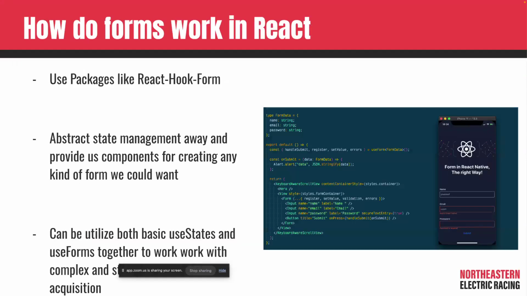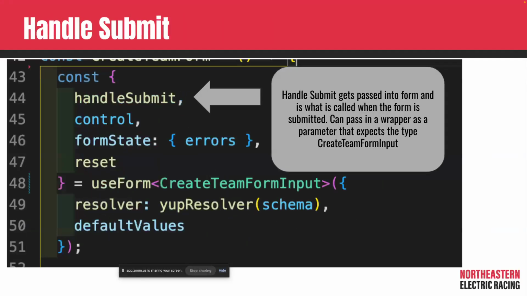I have an example of that here. You can make this onSubmit wrapper so that when submit is pressed, handle submit calls onSubmit with the values from the form. This will make sense when we do it.